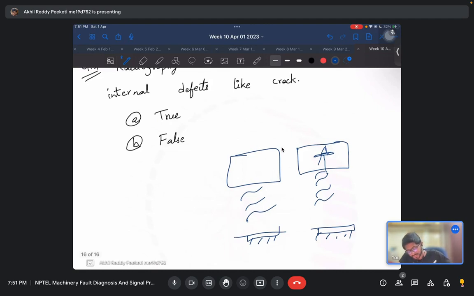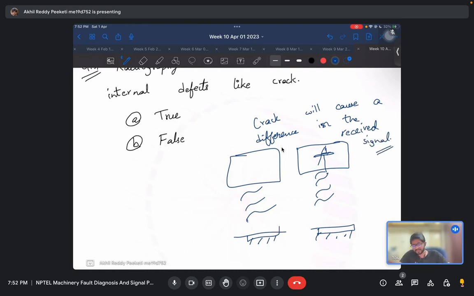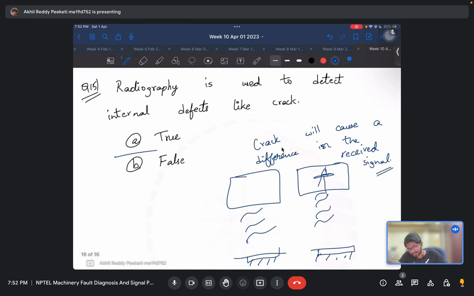So the crack will cause a difference in the received signals. So you can actually detect if any cracks are present. So it's actually true. Radiography can be used to detect internal defects like cracks.